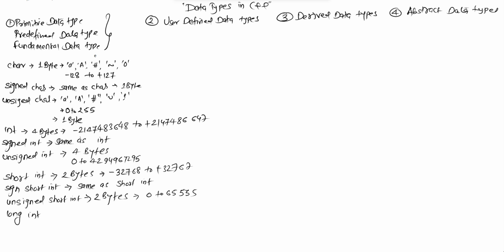Now long integer takes how many bytes? 8 bytes of memory, and its range is very big. I don't even remember. You can do some experiment, but it should be how many digits?